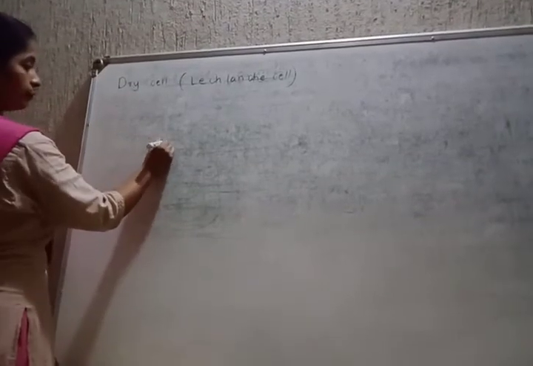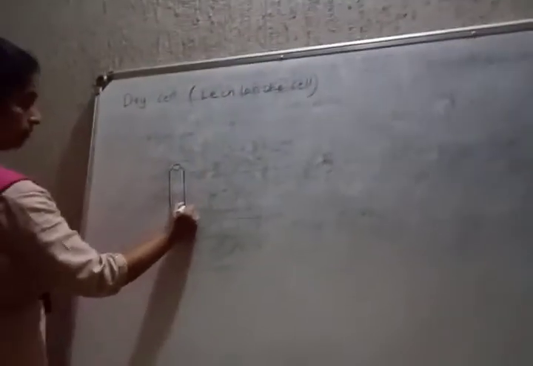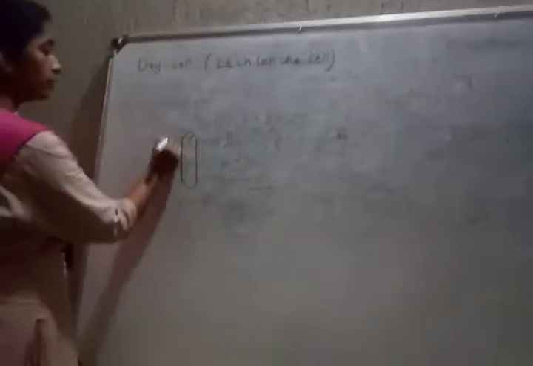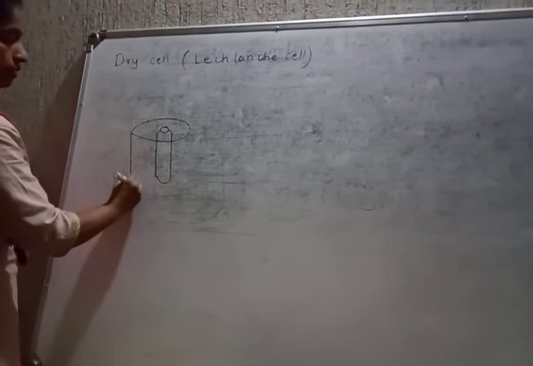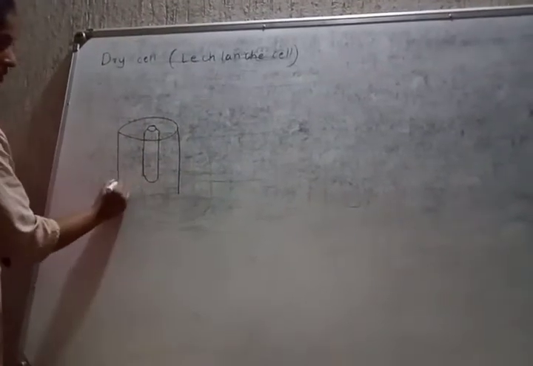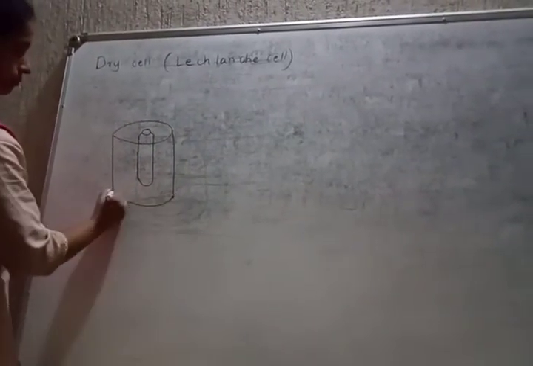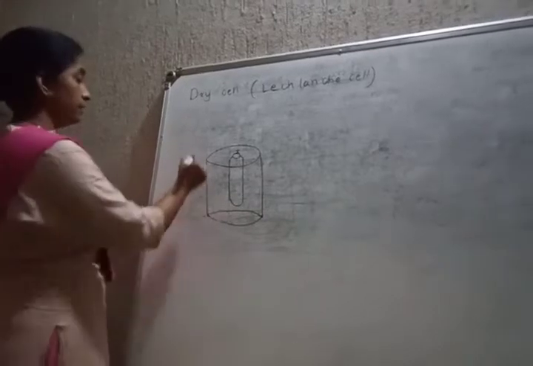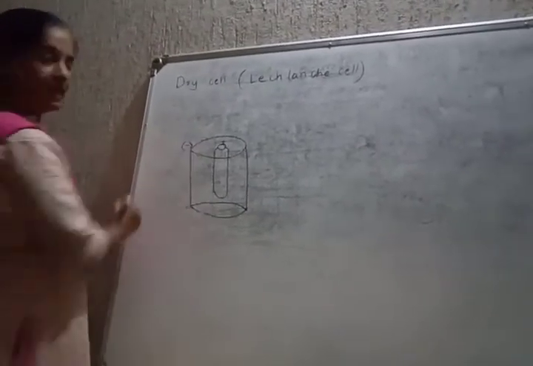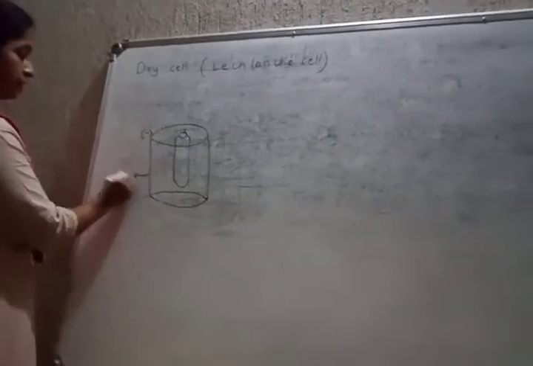Now what is that? Center lamp. You take a graphite rod. Graphite rod. This is a zinc container. Graphite rod acts as anode. Zinc container acts as cathode.